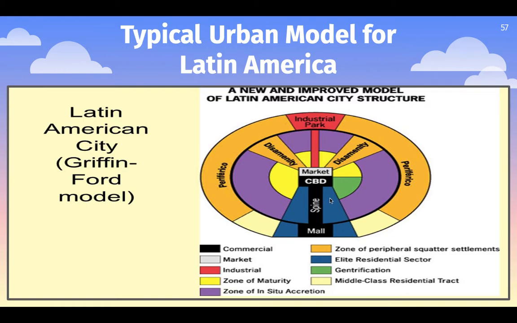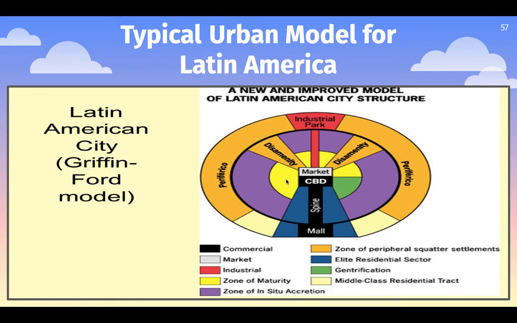Okay? Now, along this commercial spine, we have what they're calling the elite, which would be high income residential sector. Along the edges of that, we have the zone of maturity and some gentrified areas, right?